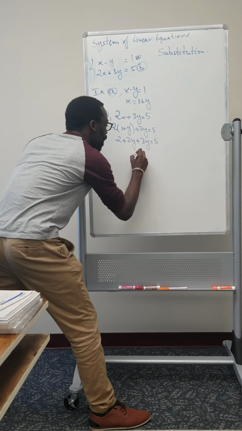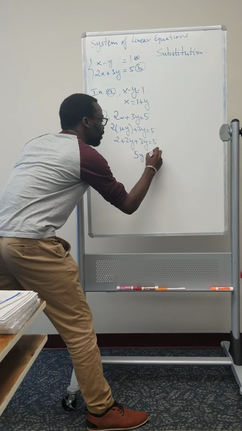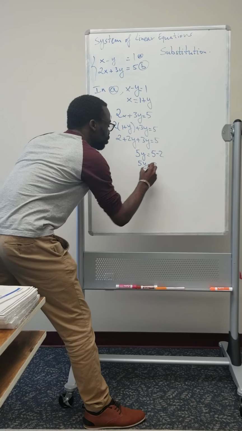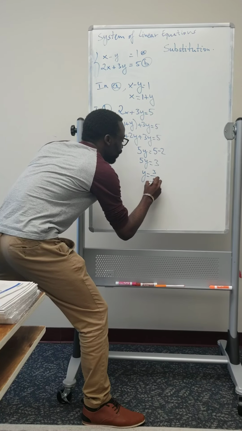So 5y equal 5 minus 2. So 5y is equal to 3. Therefore, y is equal to 3 over 5.